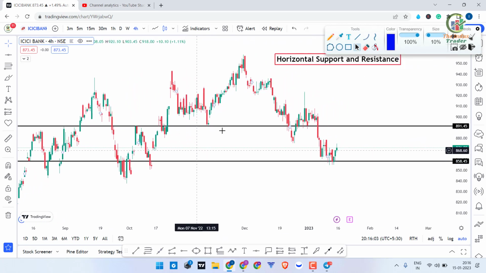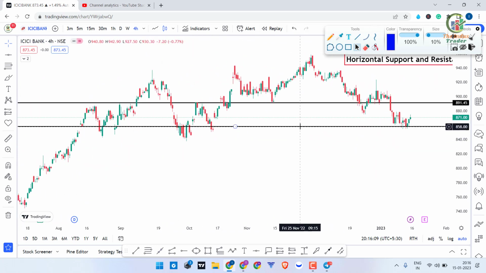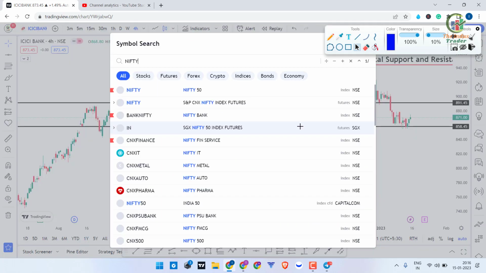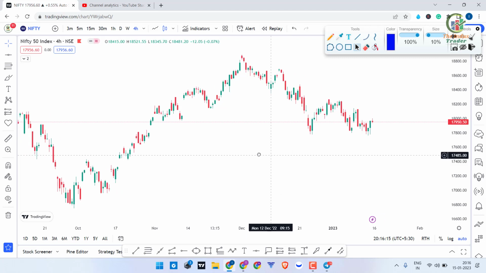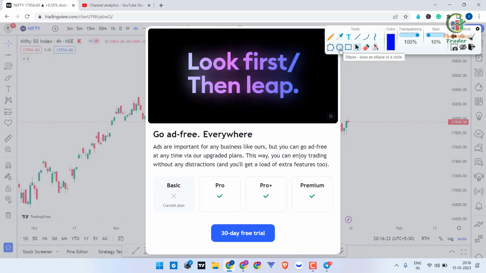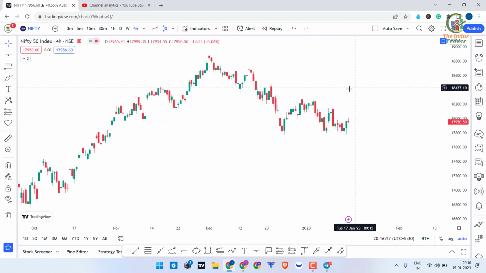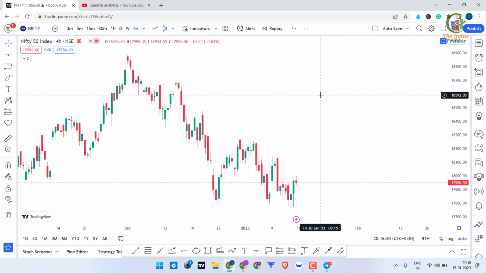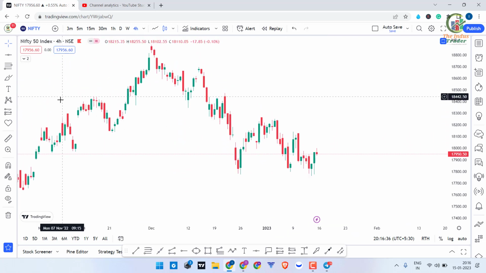The second rule is a very important rule which I personally use. For this, let me shift to Nifty, because a lot of people usually follow it. Let me show the indices so that it will be more helpful. Let me take the recent one only. You see the price falling from here.